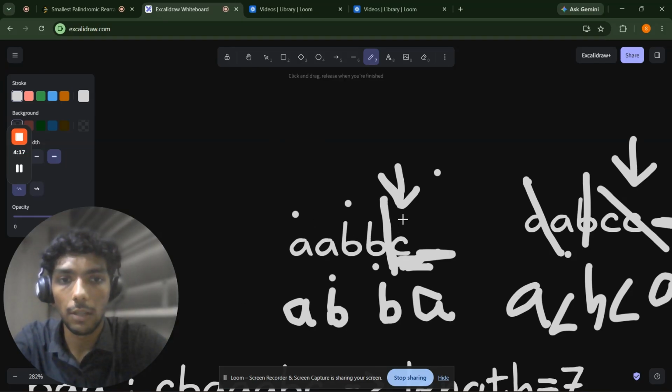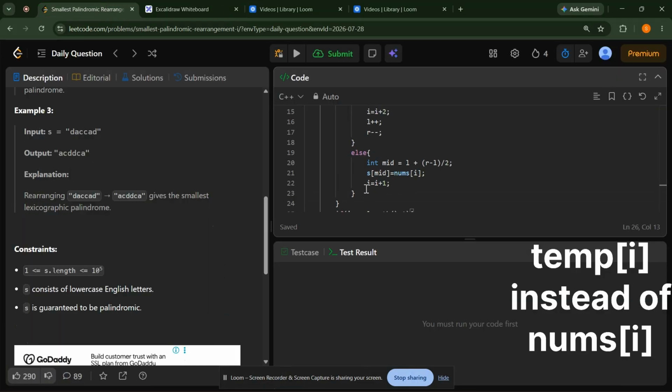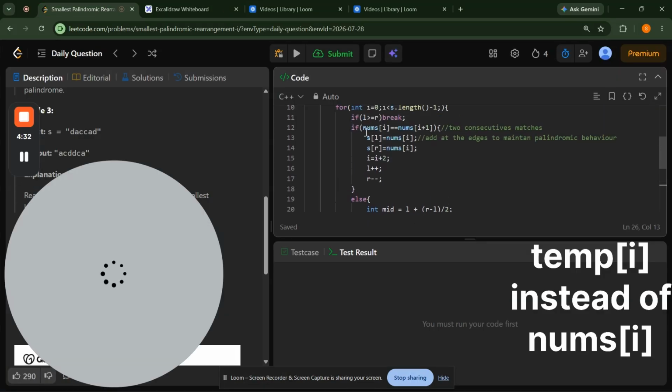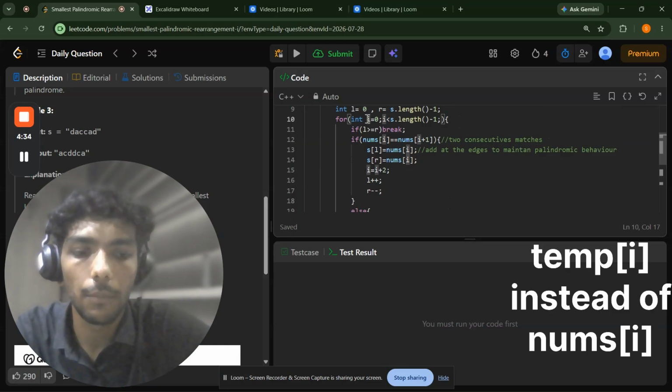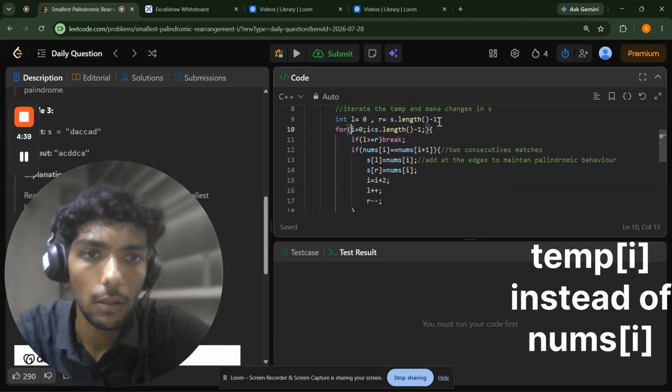It means that we need to put this one in the middle, the last element. So as a result, what we will have to do is we need to make I this block specific.